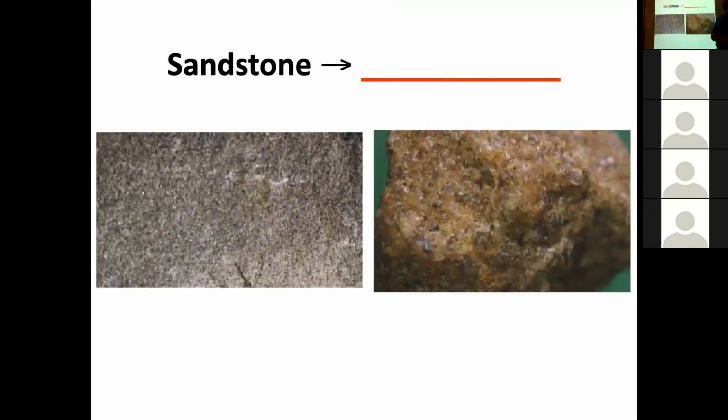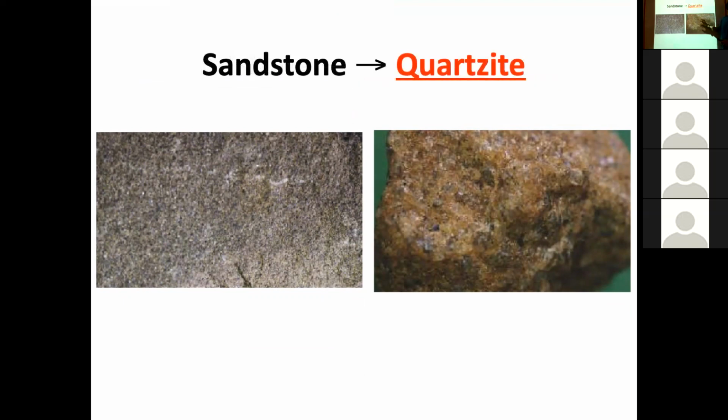Another example of a non-foliated rock that's created by heat. You have the parent rock sandstone, and that gives rise to quartzite. So when sandstone is exposed to heat, the grains of sand will actually kind of melt and fuse to form larger crystals in the quartzite.